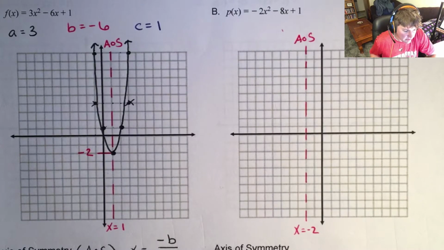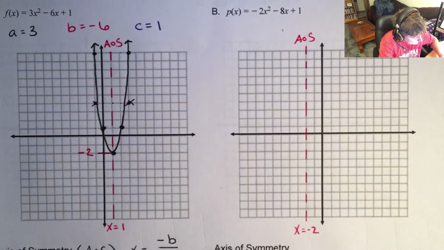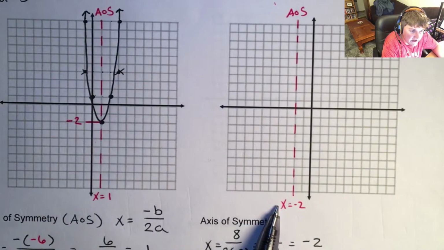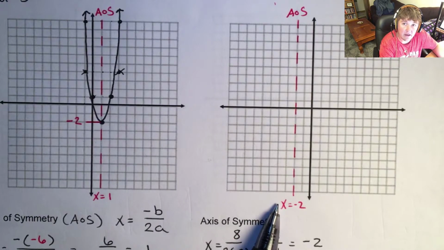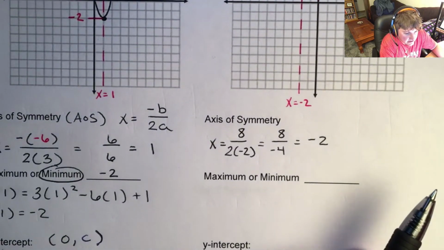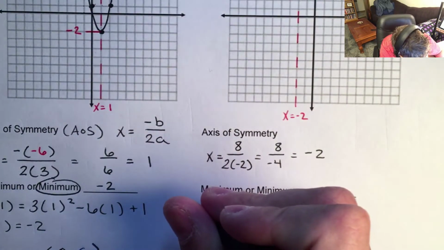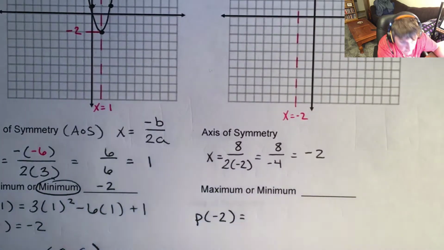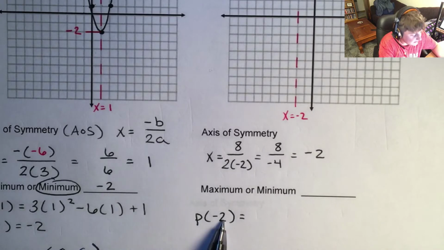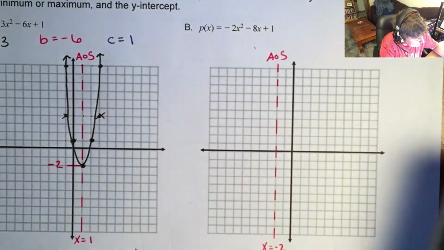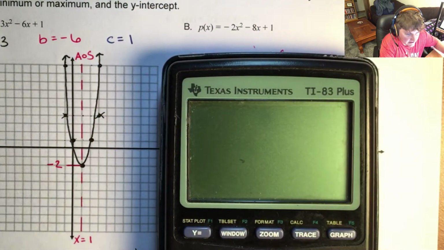But if you don't have access to that, that's fine. Okay, so I know that my vertex is going to have the x value of -2 because the vertex lies on the axis of symmetry. So I can go ahead and find out what p of -2 is, just by plugging in -2 wherever I see an x.